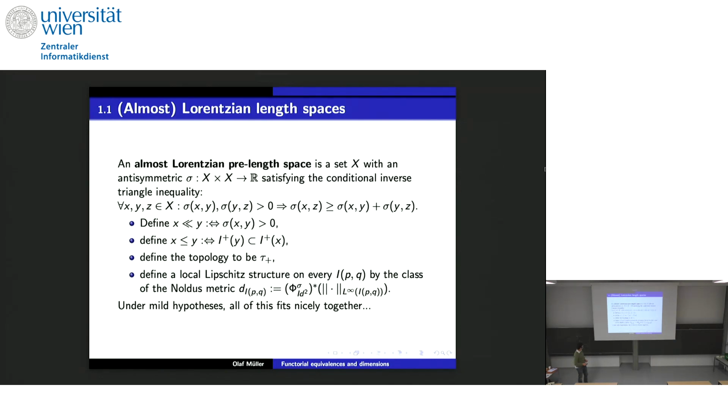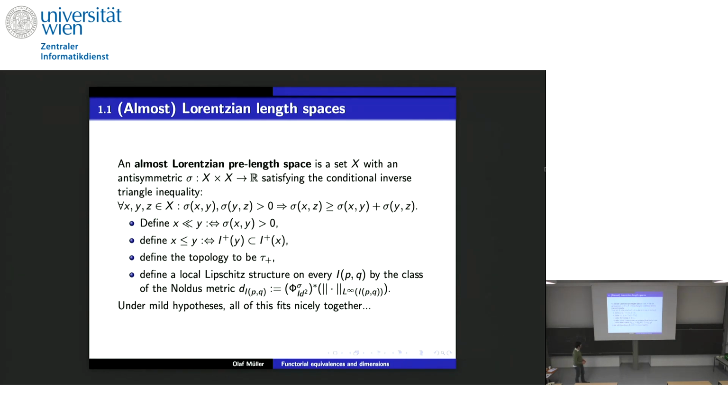So, what is an almost Lorentzian pre-length space? It's just a set with an antisymmetric function. As I said, it's a purist definition, and we've seen this already today. Whenever we have a timelike, or temporal, triangle, there should be the inverse triangle inequality. We can define a temporal relation from it by just positivity.